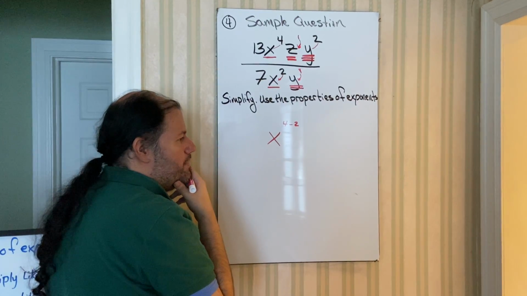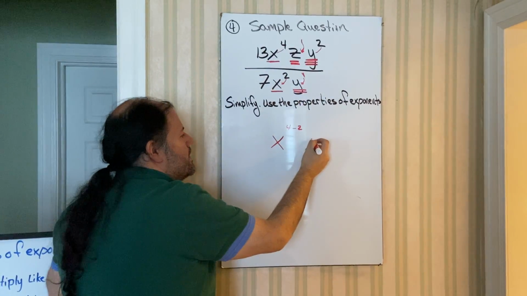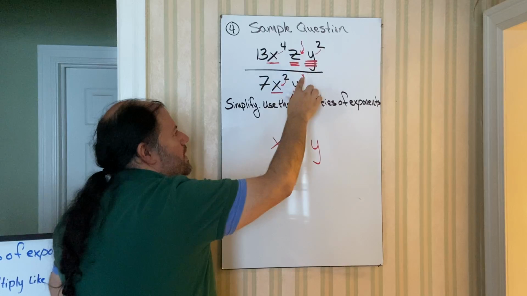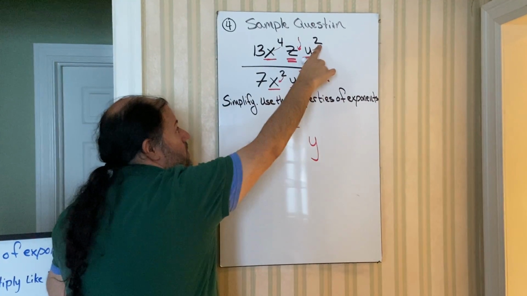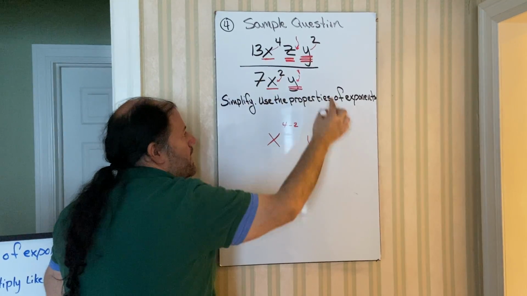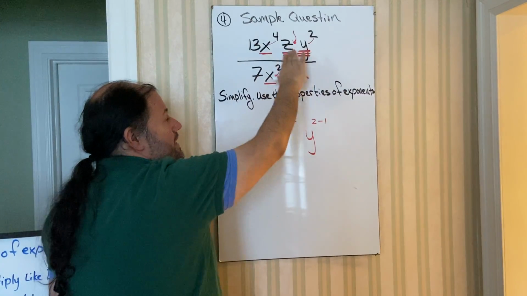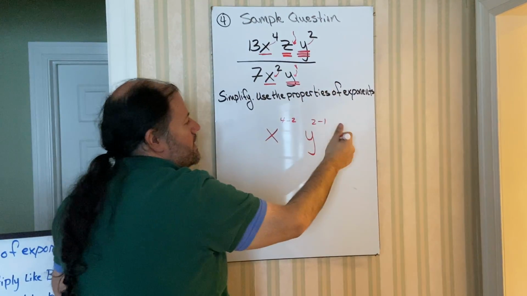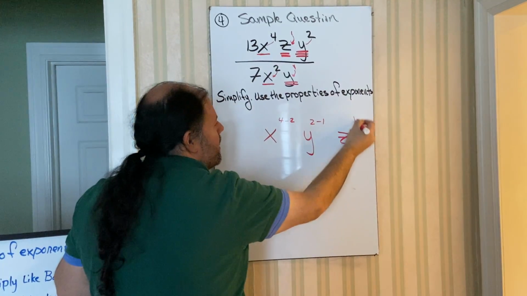What else do we have like bases of? These y's. So keep y, y, keep it y. And then say 2 versus 1, subtract top minus bottom. Now the z, there's nothing to match it with. So since it was on top, just bring it over.